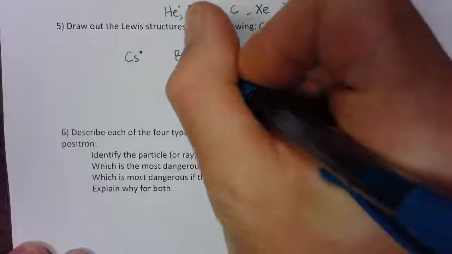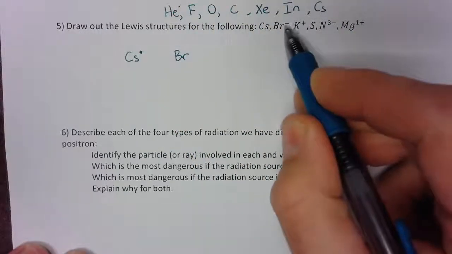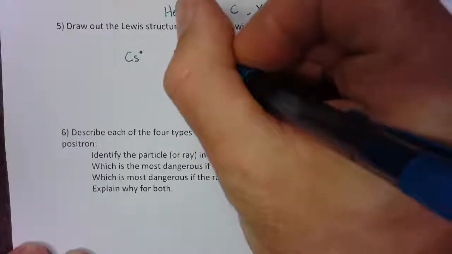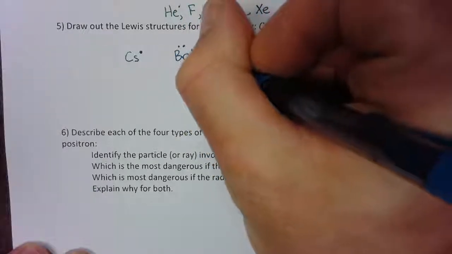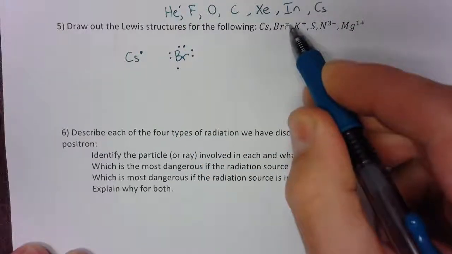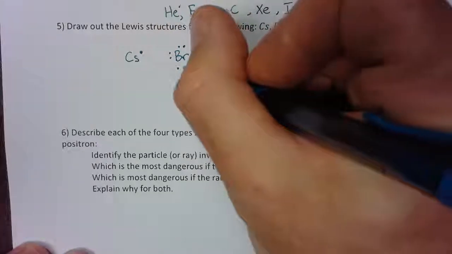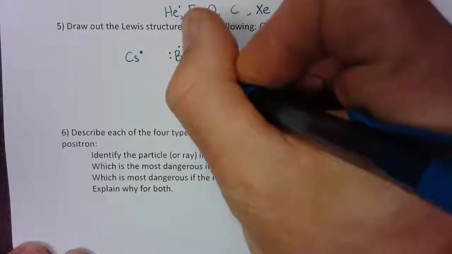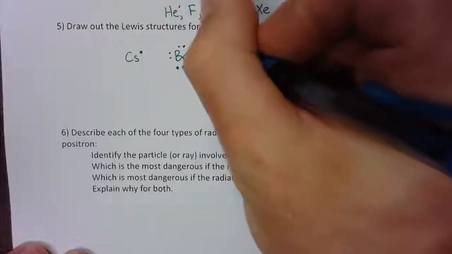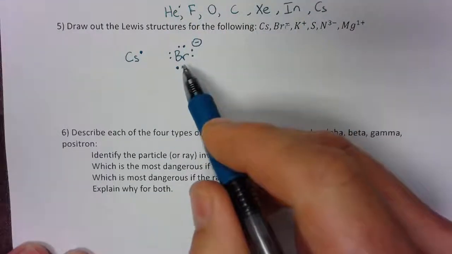Bromide. This is bromide because it is an ion. Bromine has 7. But since we have a 1 minus charge on this bromine, we call it bromide. And it has 1 additional electron. So this bromide ion has 8.